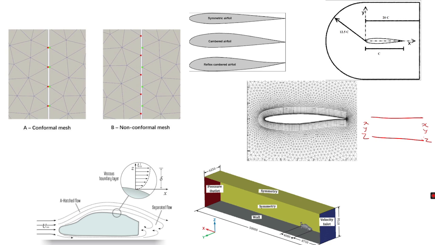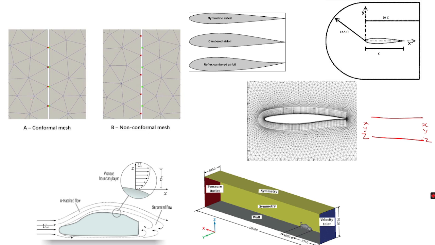Now if we go for the conformal mesh, you can see in the figure that the element nodes are interconnected at each and every point. But in this case, there is no interconnectivity between the various nodes, right? Such a thing we call a non-conformal mesh.